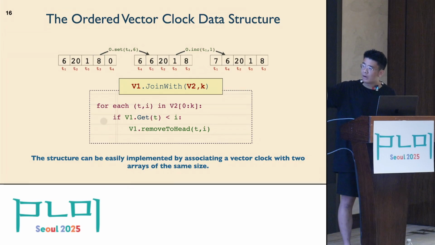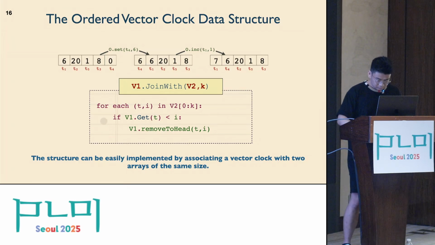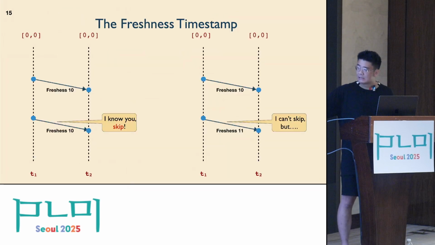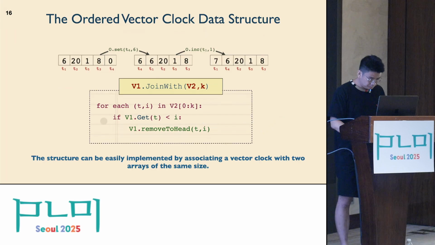And now this special data structure supports a different kind of join that takes two parameters: one is another ordered vector clock, and the second is an integer k, which says I just want to read the last k entries that this vector clock got updated. So in this previous case, all I need to do is run this join operator with k equals 1, because I just want to know the last entry that got updated, and I'm already aware of all other updates.